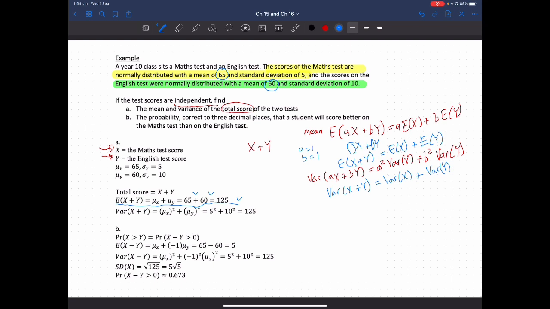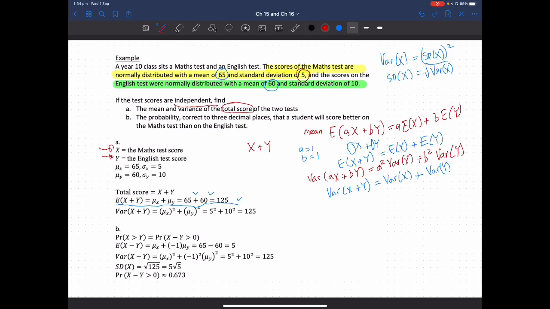Now, remembering back to maths methods, we know the variance of x is equal to the standard deviation of x all squared. Or to put it another way, the standard deviation of x is equal to the square root of the variance. So if you have a look to see what we've been given, we've been told the standard deviation of maths, x, is 5.